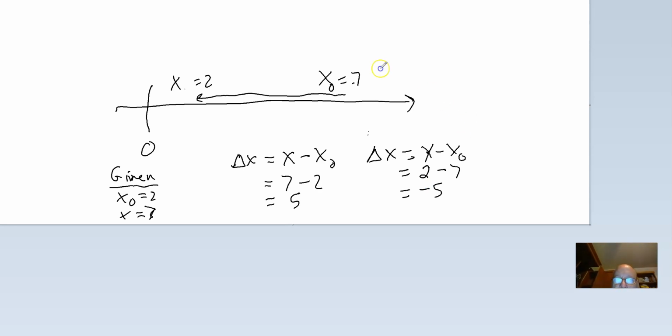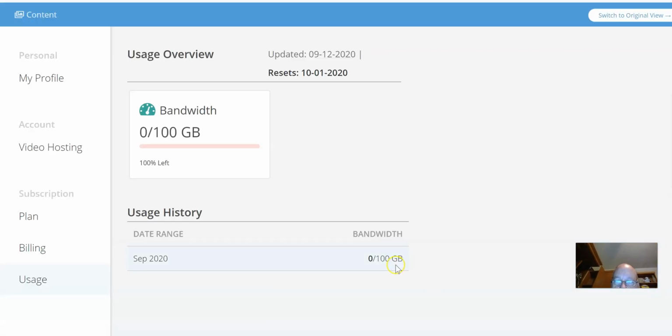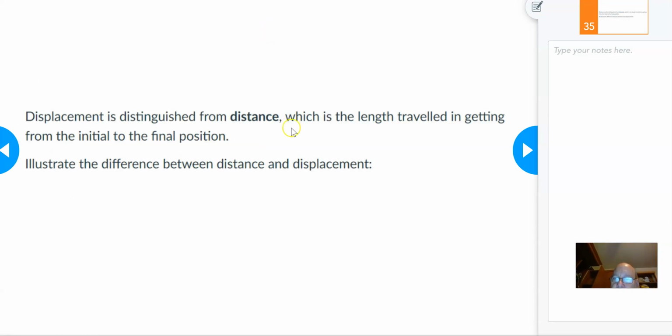Okay, so let's go back to the Nearpod and talk about one last concept here, and hopefully finish out the video before it ends. Displacement is distinguished from distance, and distance is the length traveled in getting from the initial position to the final position.